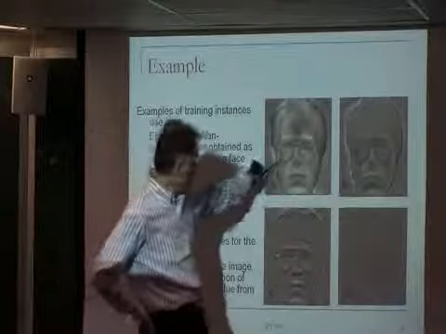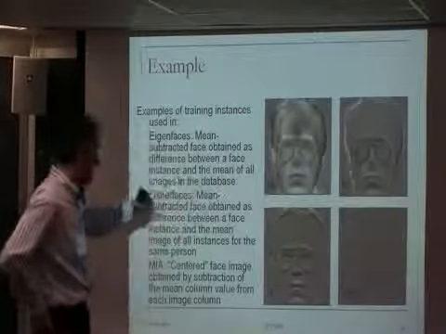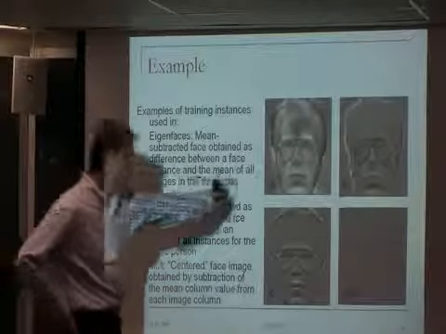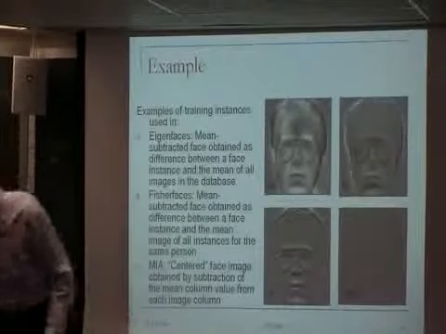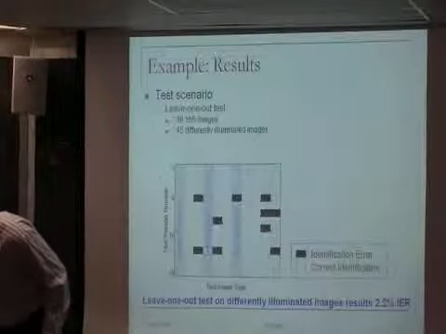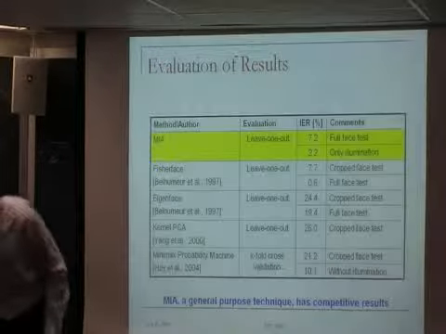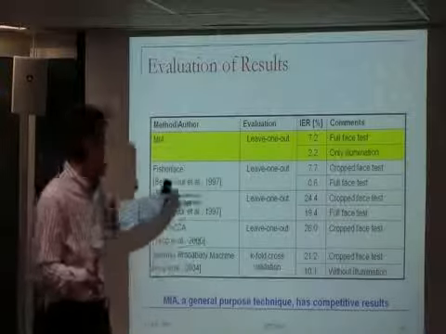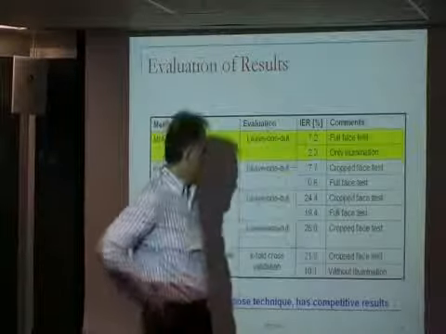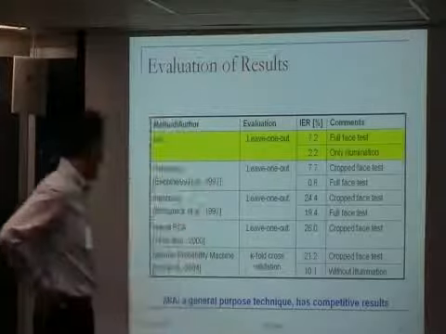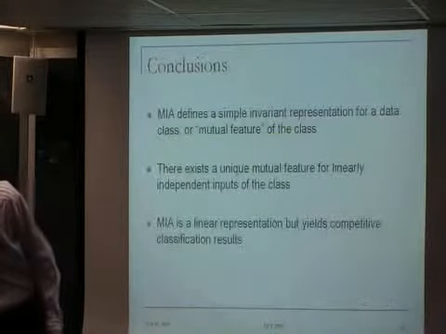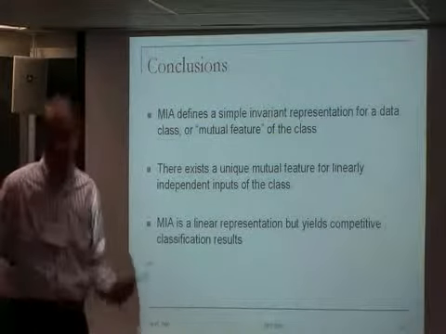But this just shows you one particular way data is considered in various approaches. But I don't think I have time to go over that. I will just conclude that, again, that's a relatively simple technique. It gives low error rates in face recognition.